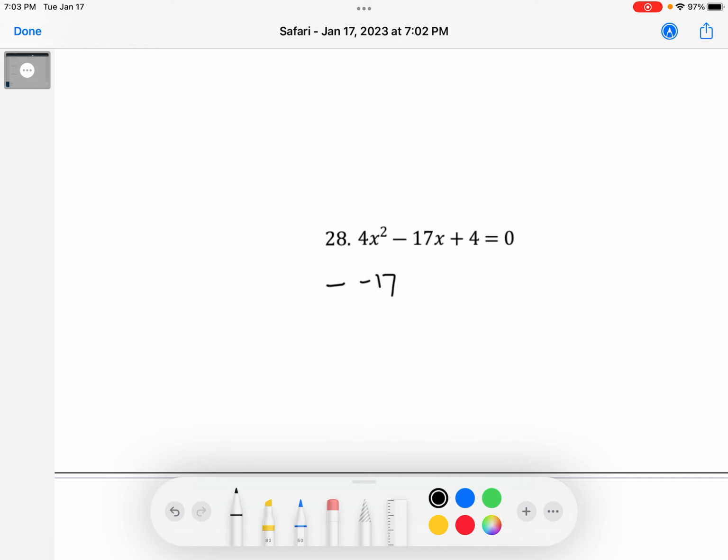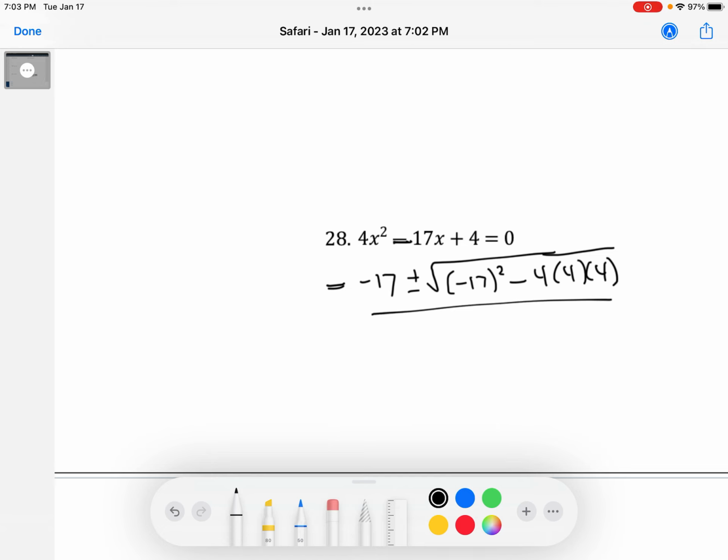Now here, because this is a negative sign, I still have to write negative b. So it's negative negative 17, plus or minus the square root of b squared, negative 17 squared, minus 4a, a is 4, c is 4, all over 2a, and a is 4.